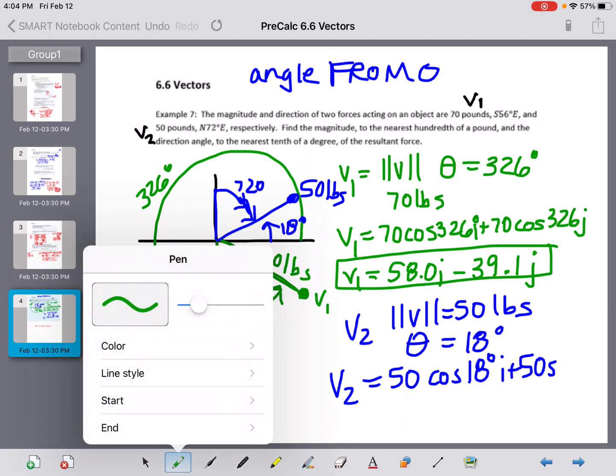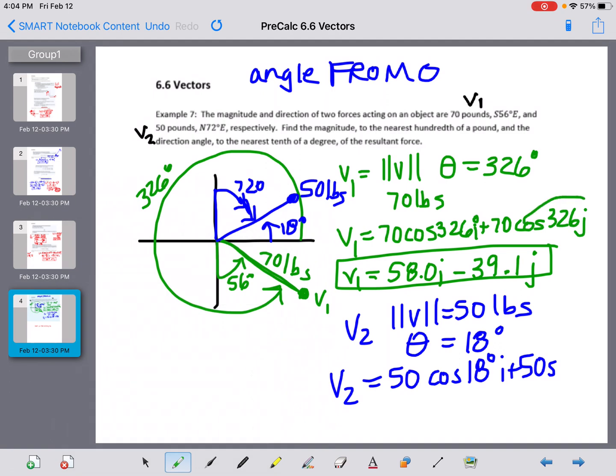I'm going to fix it. This should have been sine, sorry, of 326 degrees J. Let me double check on my calculator, see if I messed that up. 70 sine of 326. Nope, I'm good. Negative 39.1 was the sine, so I'm okay.